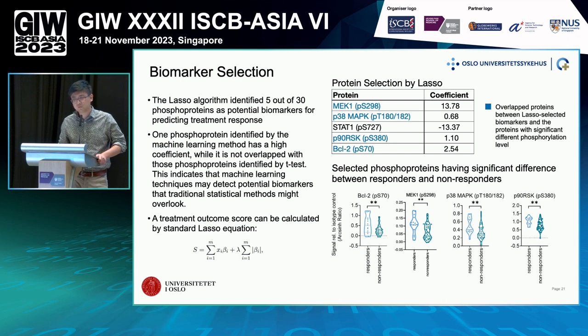And one important protein selected by Lasso is not significantly different between the responders and non-responders. This means that machine learning may detect potential biomarkers that traditional statistical methods might overlook. So finally, a treatment outcome score can be calculated by the standard Lasso equation.